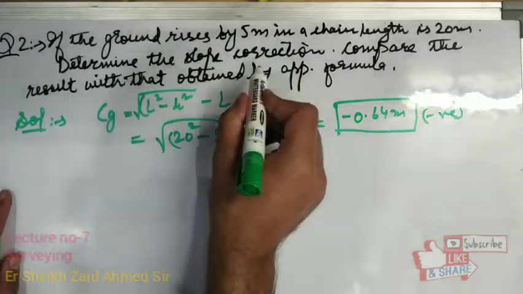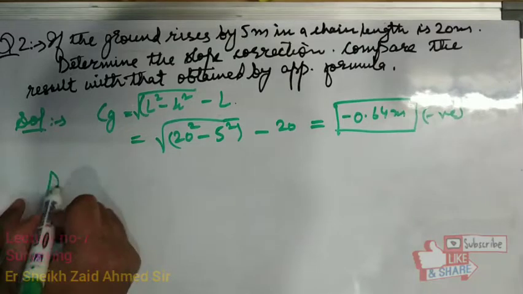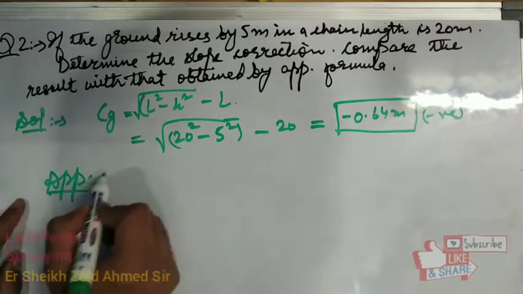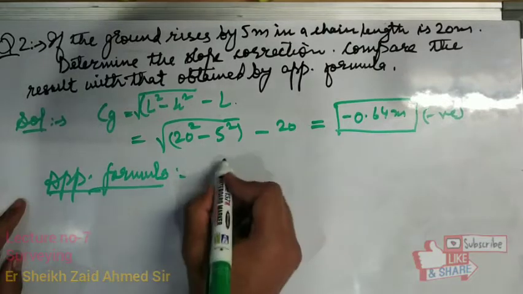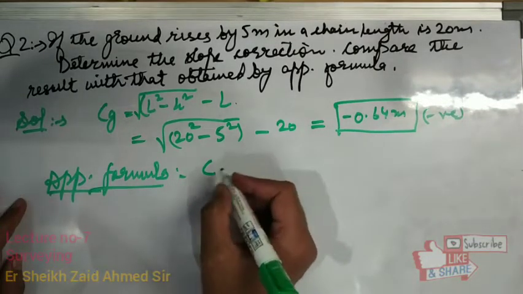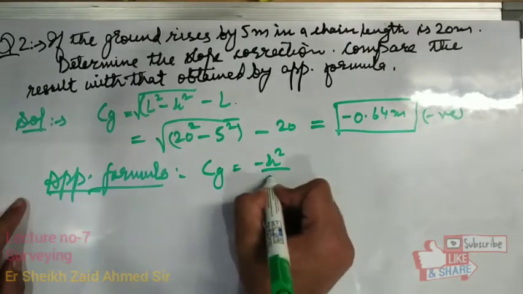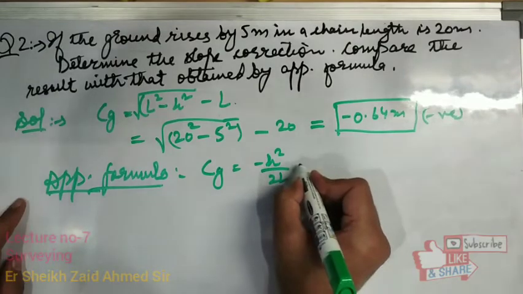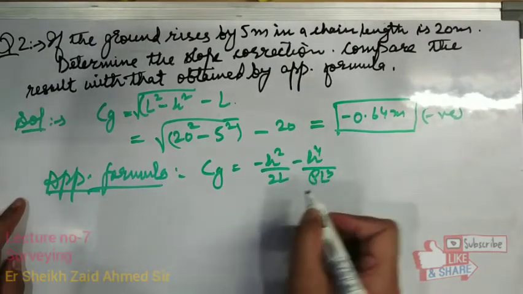He has also asked to compare the result with that obtained by the approximate formula. Now, what is the approximate formula? The approximate formula is Cg equal to minus h square by 2L minus h to the power 4 by 8 L cube.